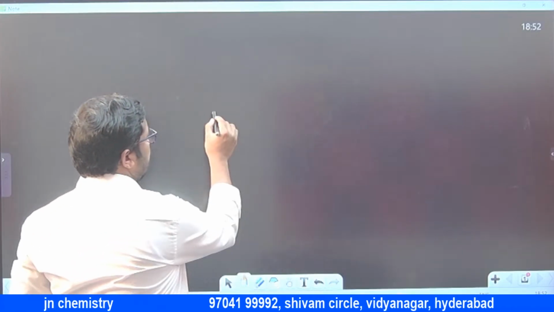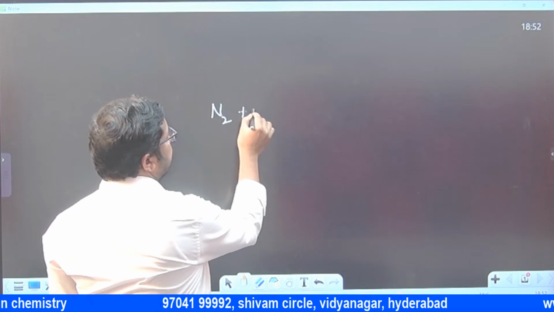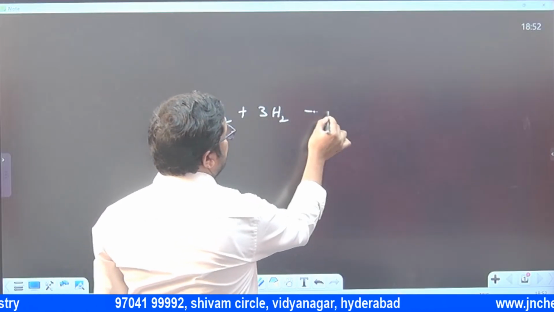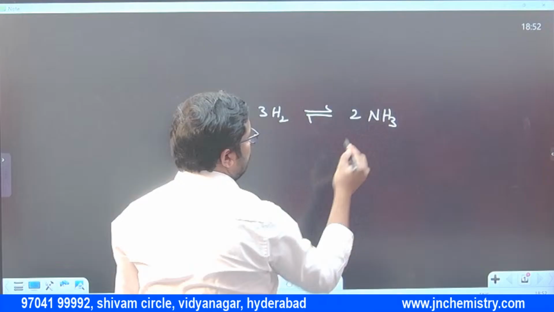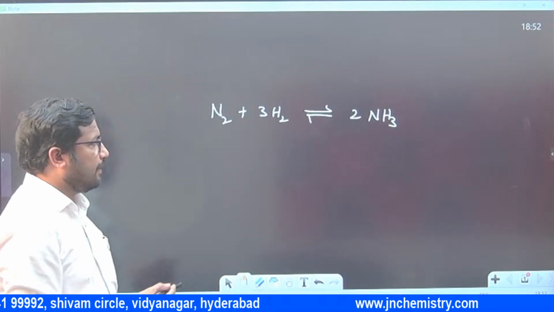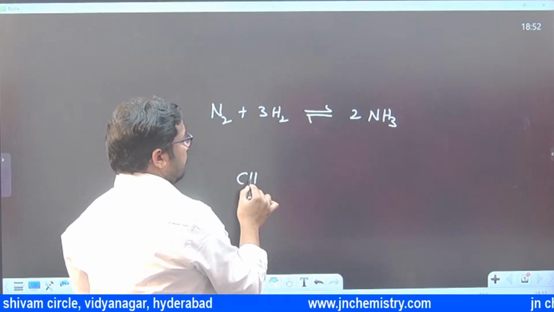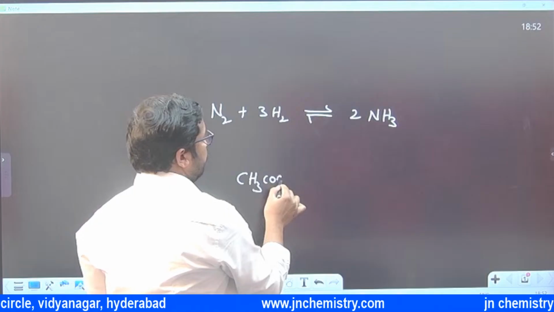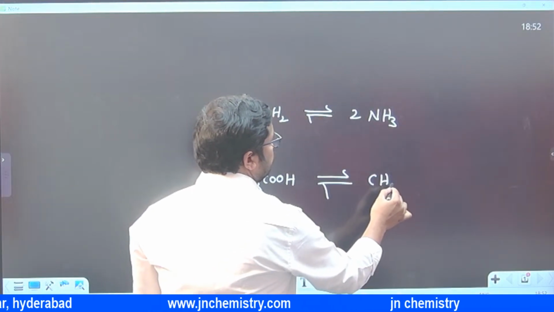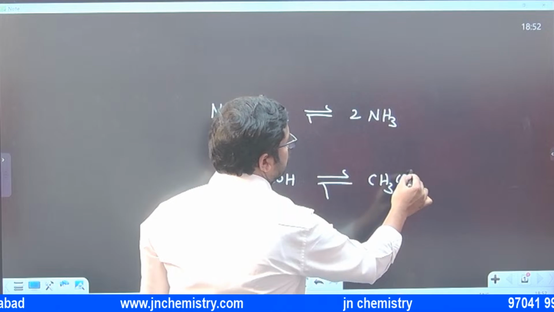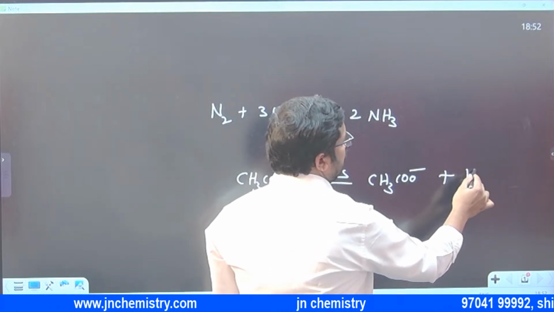For example, N2 + 3H2 gives rise to 2NH3. And for example, CH3COOH gives rise to CH3COO- + H+.